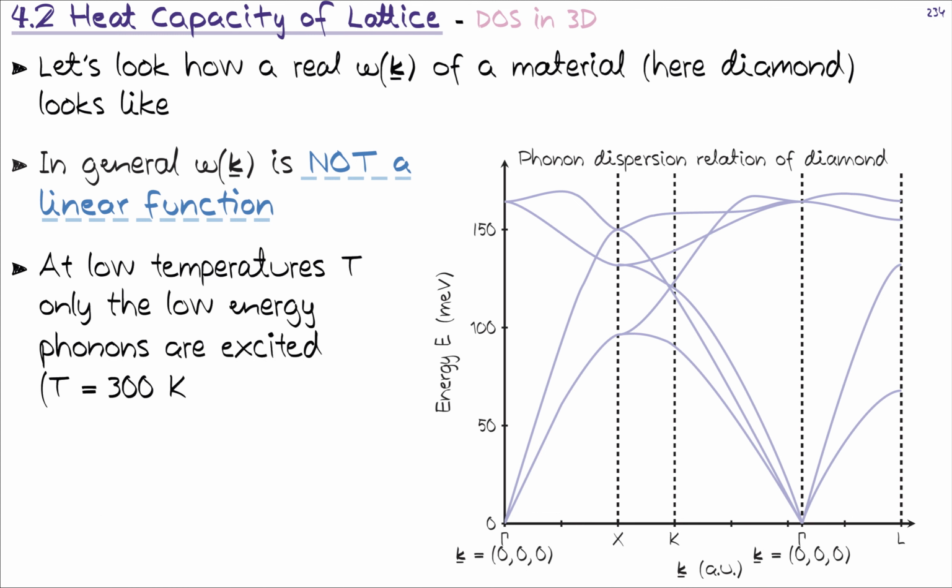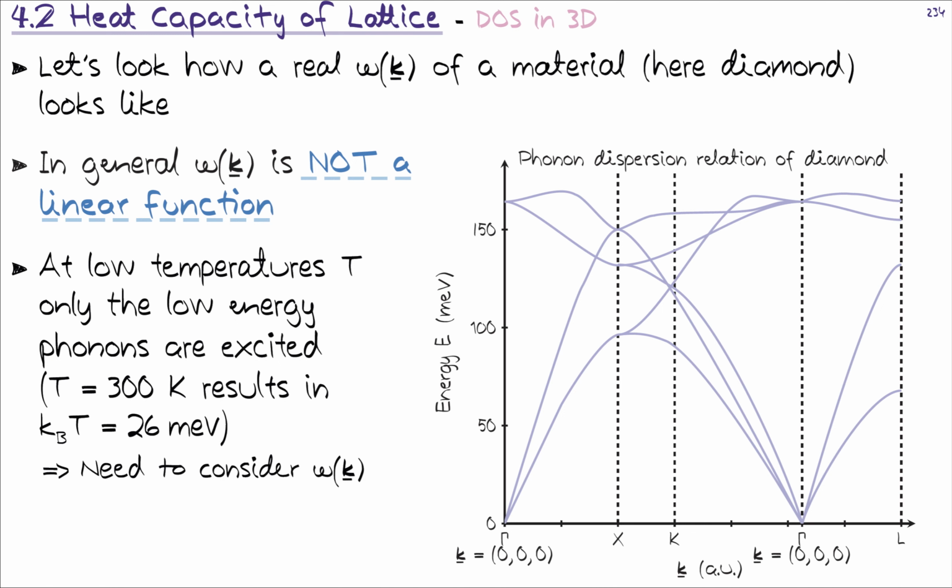And essentially, even at room temperature, the kBT value is 26 millielectron volts, please recall. Then in most of the materials, room temperature is the so-called low temperature regime. And this implies that instead of the full 3D dispersion relation, we only need to consider the dispersion relation omega(k) near the gamma point, so nearby the region where k equals 0.